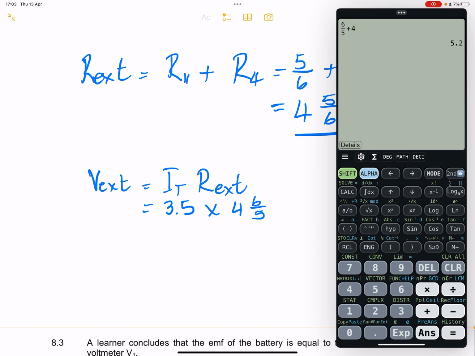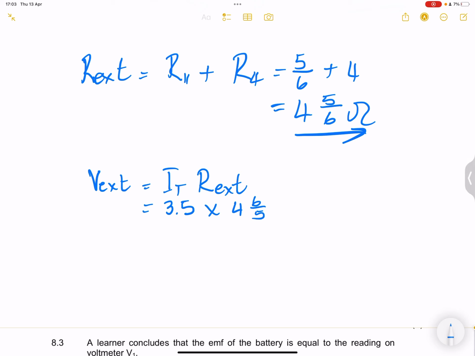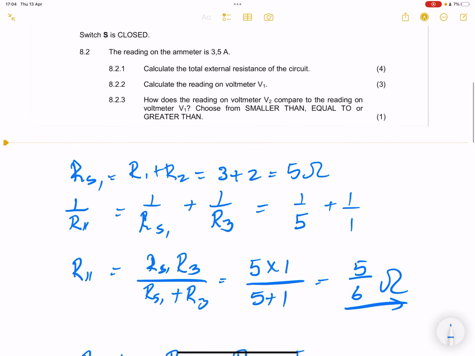Okay, gives us 5.2, and that's multiplied by 3.5. So that gives us 18.2 volts. So that's 18.2 volts. And as a result, that is going to be our external voltage. Ladies and gents, I hope that makes sense.